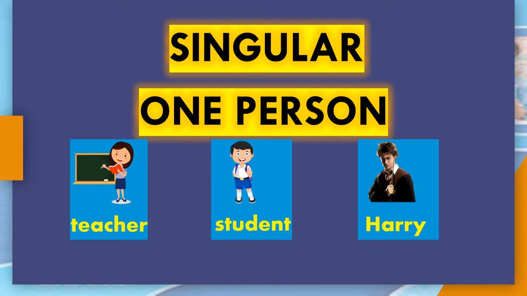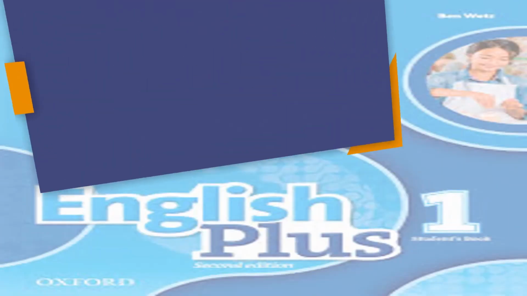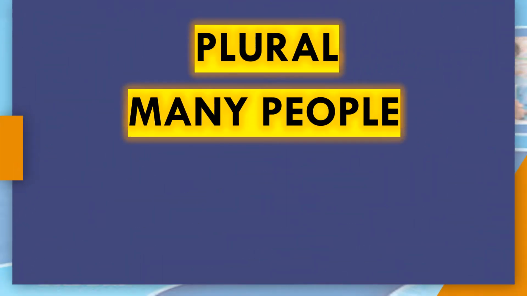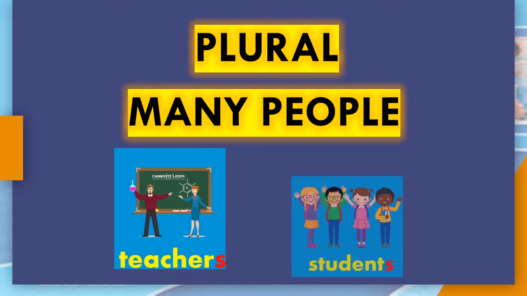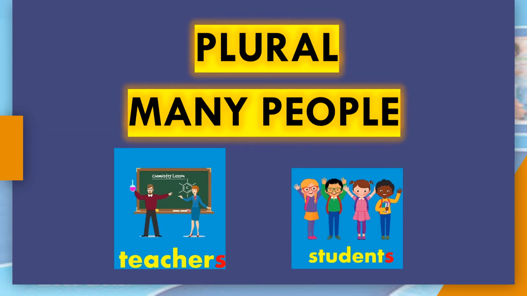For plural, we have more than one person or many people, so it can be represented by teachers with the S and students with the S. For names, we cannot say Harrys or Marys because when we refer to more than one, it'll become the boys or the girls. Okay? Next.